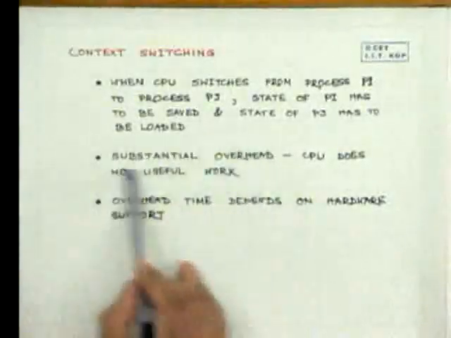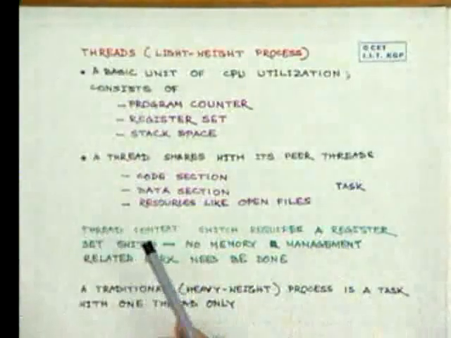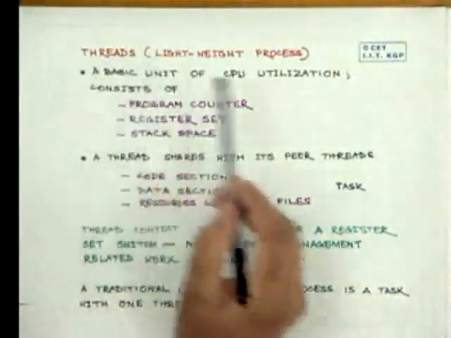Now, since context switching involves a substantial amount of overhead, there is another concept that has turned out to be very popular nowadays, and that is the concept of threads. A thread is a lightweight process.